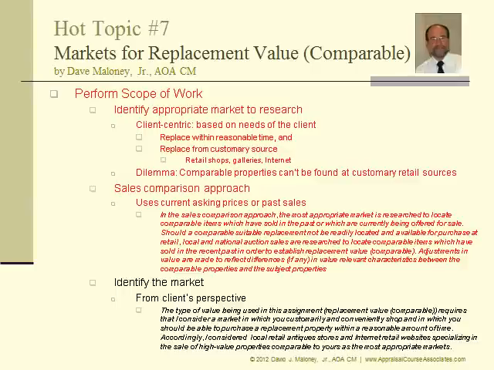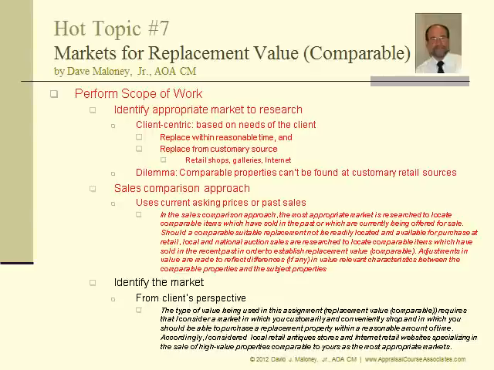Should a comparable suitable replacement not be readily located and available for purchase at retail, local and national auction sales are researched to locate comparable items which have sold in the recent past in order to establish replacement value comparable. Adjustments in value are made to reflect differences, if any, in value-relevant characteristics between the comparable properties and the subject properties.